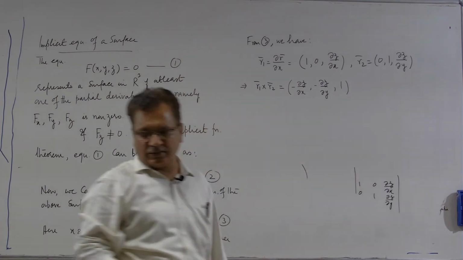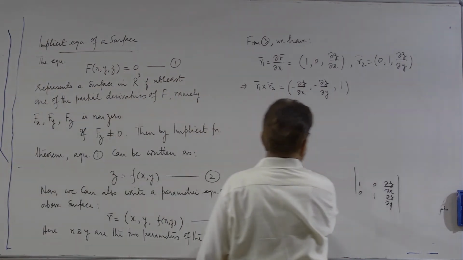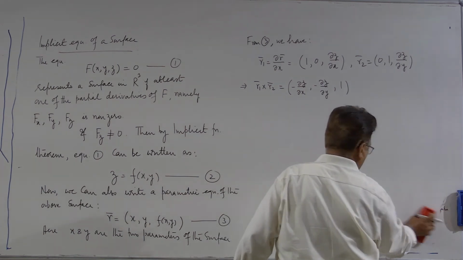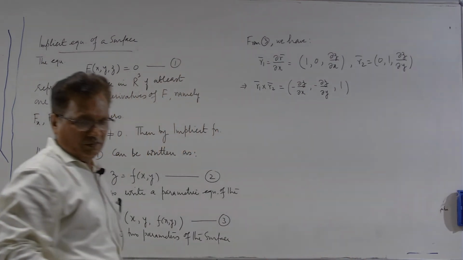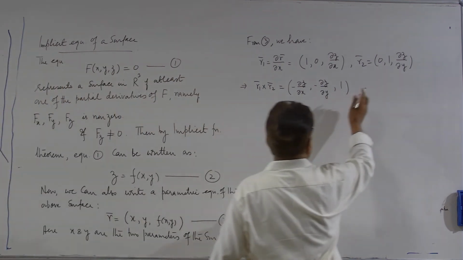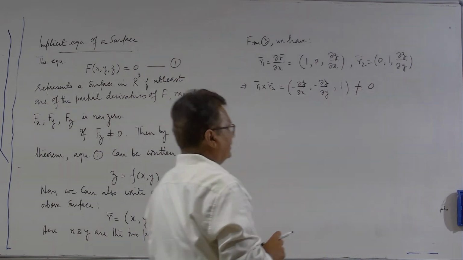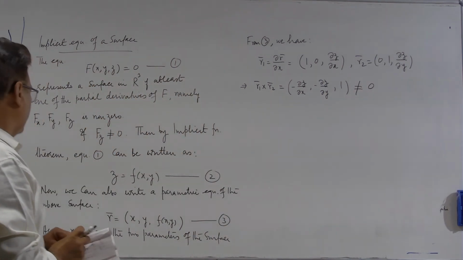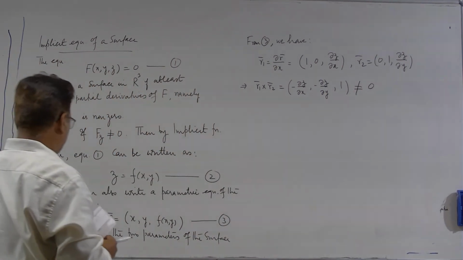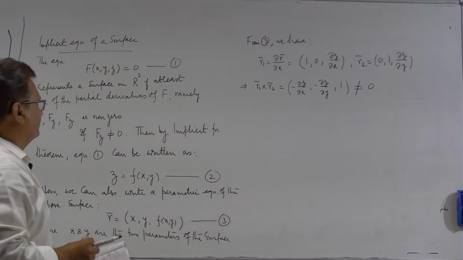So, that is the cross product of the two vectors. This is always non-zero, because even if these two derivatives are 0, this will be a non-zero vector, and therefore, the parameterization which you have obtained here is a regular parameterization.